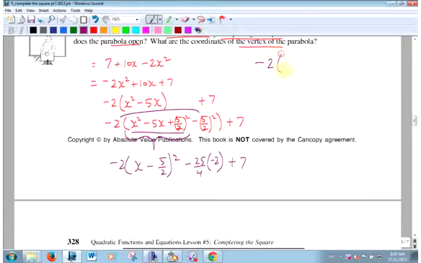Okay, so minus 2, x minus 5 over 2 squared. What is this? You can go, that's positive 50 over 4, or this is a better way of thinking. 2 goes into 4 twice. It's still positive. That's 25 over 2.